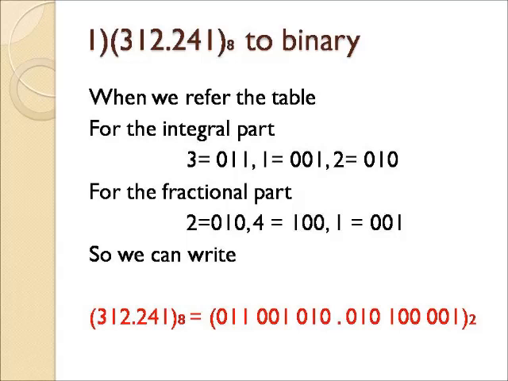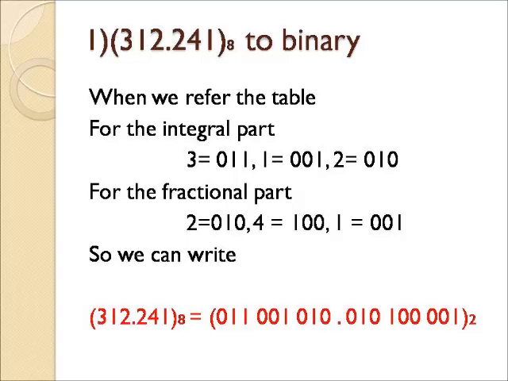Here we can see our first question for converting an octal to a binary number. 312.241 is the octal number, and we want to convert it into the equivalent binary.